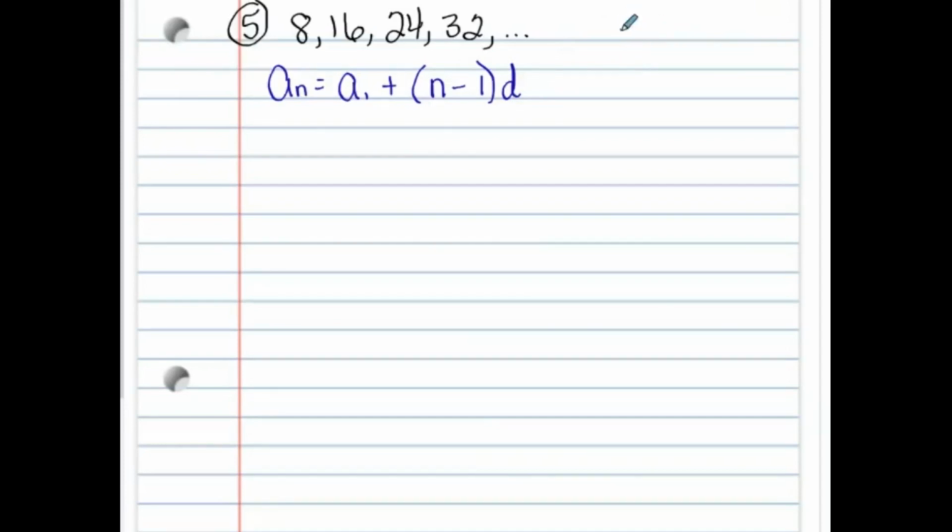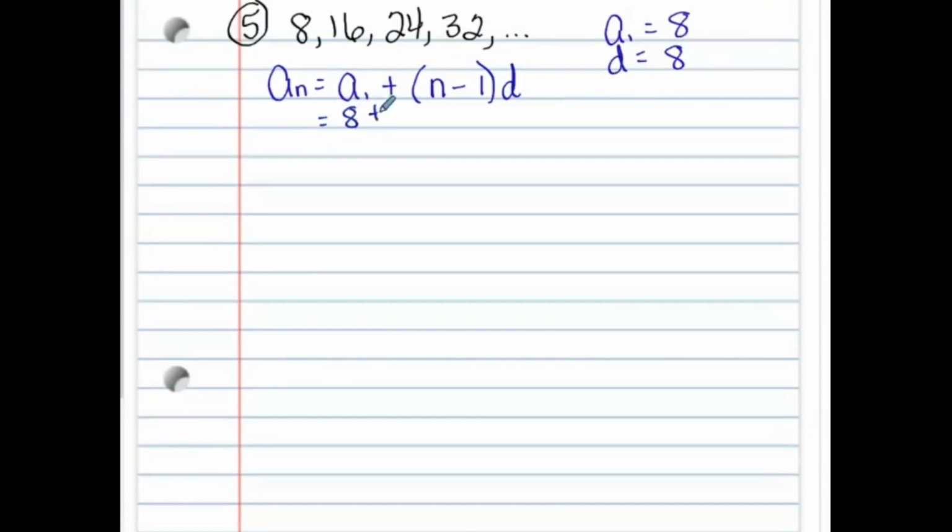Okay, so we said the a sub 1 is going to be what? And d, this is the common difference, right? So what number do I plug in for a sub 1? Yep. And then what's the common difference? 8. That's it. So let's go ahead and plug those in.